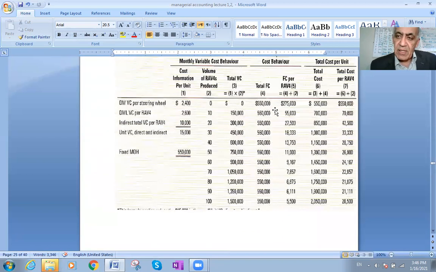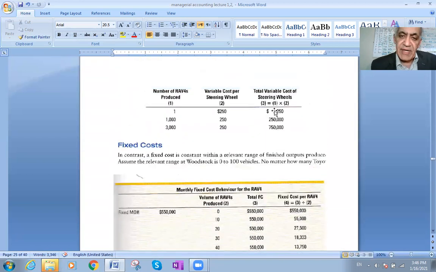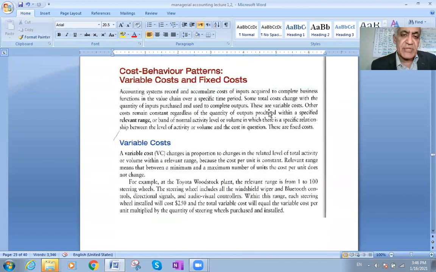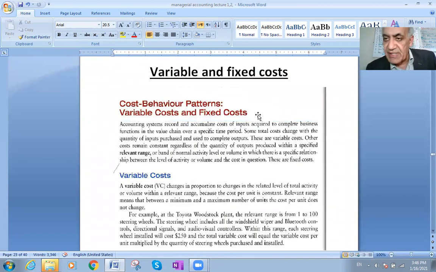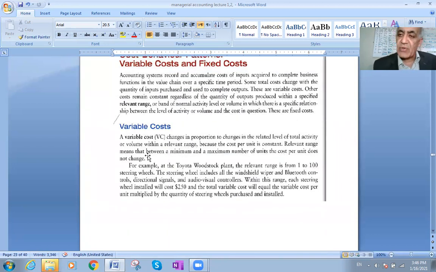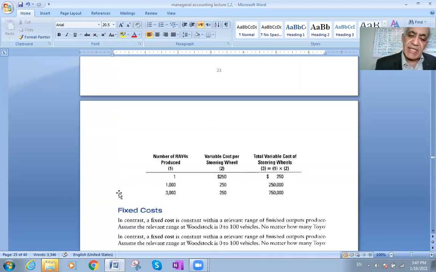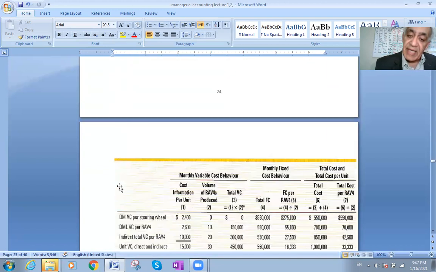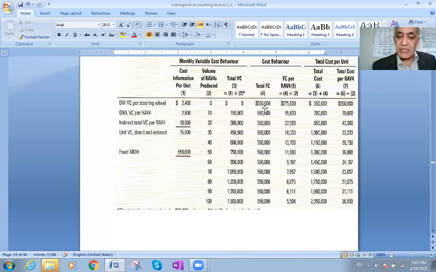So now we came to the variable cost. Like I told you, the fixed costs are like the machines and the equipment. And the variable costs are those costs related to the volume of production. I'm saying again, the more you produce, the more the variable cost should be. The fixed cost is fixed.